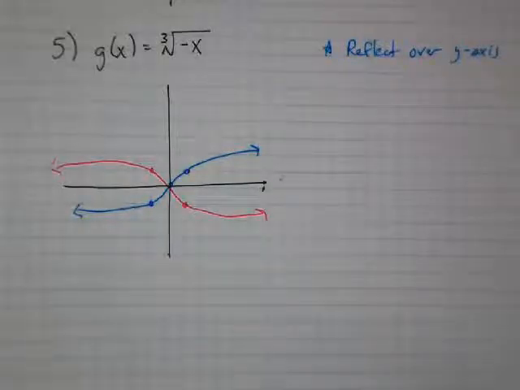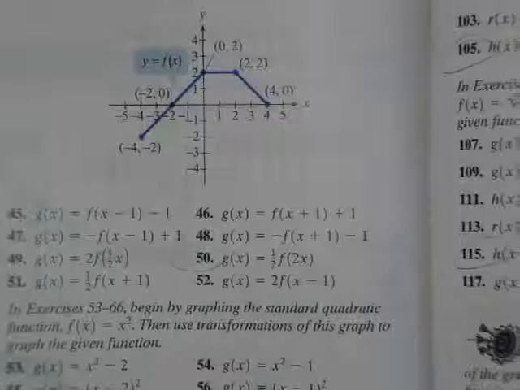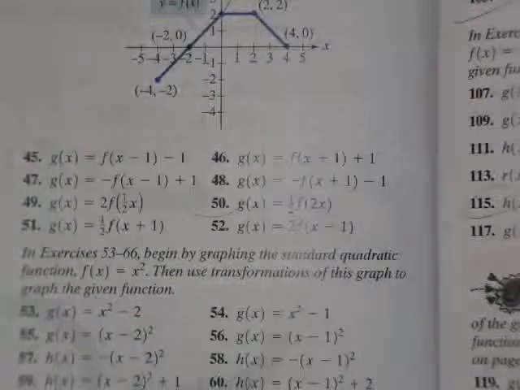So this is one of those weird ones where it's not something you could type into your graphing calculator. Okay? So we're going to go ahead and look at it, and it says that we want to do negative f of x plus 1 minus 1. Alrighty? And I'm going to take a second and real quick sketch this on my graph paper.